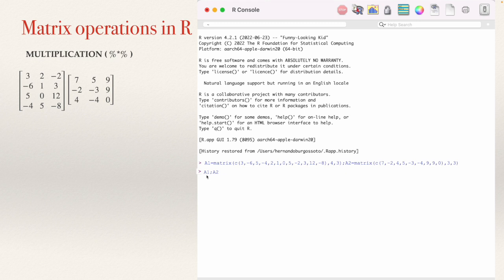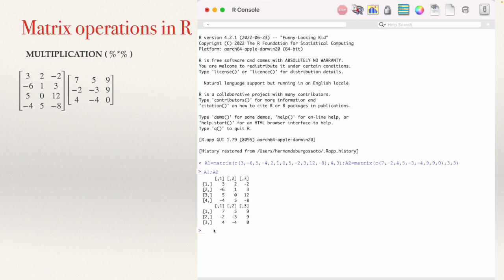So do it again here if you want to see the matrices A1, A2, and just press enter. It'll show you the two matrices. Now you can check that you did it well. Obviously, you don't need to do that. You can multiply the two matrices immediately. Just in case that you want to see the matrices, just to be sure that you typed them well.